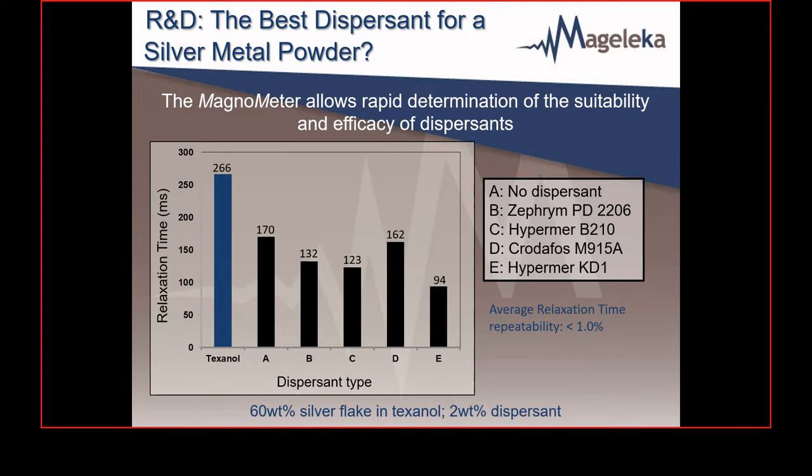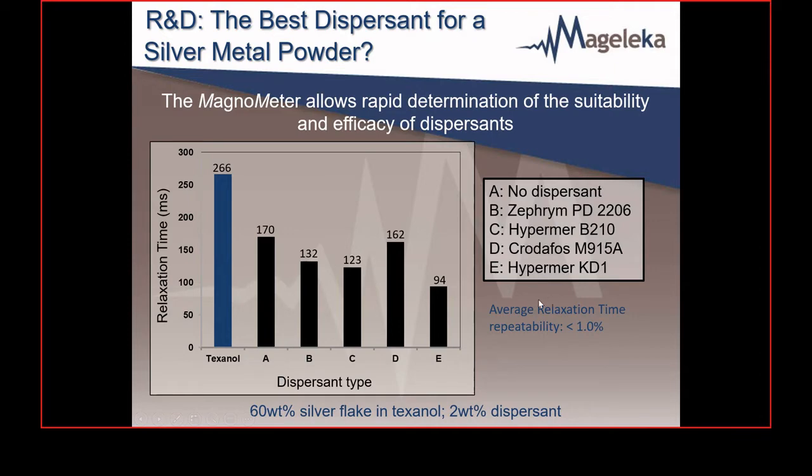All I want to say is that the Crodafos M915A turns out to be an alkyl phosphate anionic dispersant, which actually works very well in aqueous dispersions, but it's not going to work very well in non-aqueous ones. Whereas the Hypomer KD1 is a polyester polyamine copolymer that works very well in non-aqueous. So these samples here just show what you should get if you know something about the chemistry of the dispersants themselves. Of course, the others work in between the two.